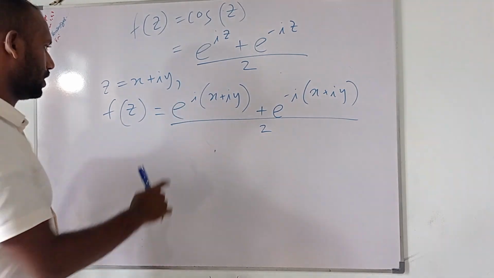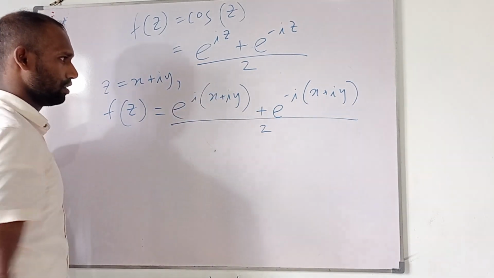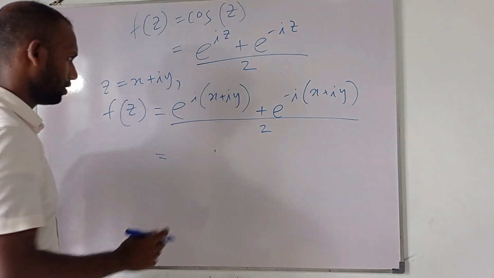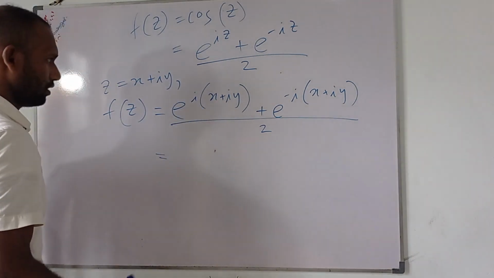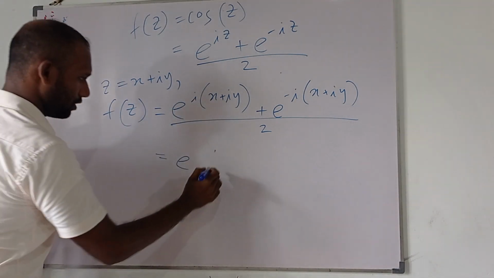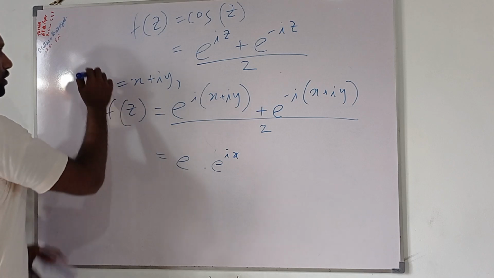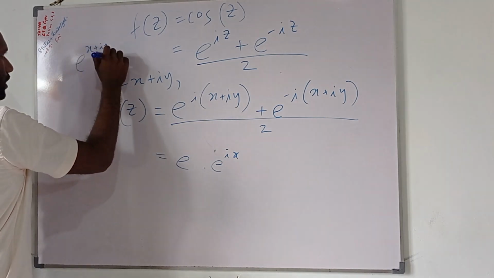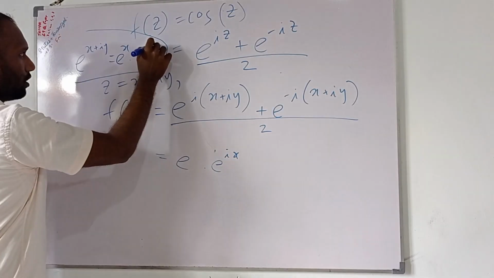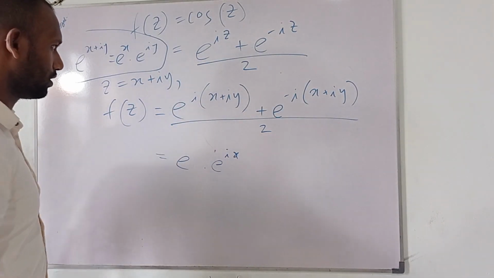Substitute x plus iy for z in e to the power iz, we get this. So we can write this as e to the power i times x. We know that e to the power x plus iy equals e to the power x times e to the power iy. So here e to the power ix.